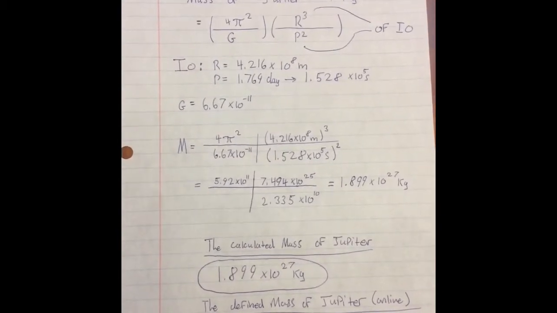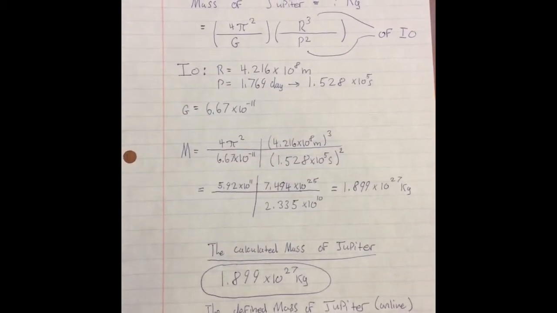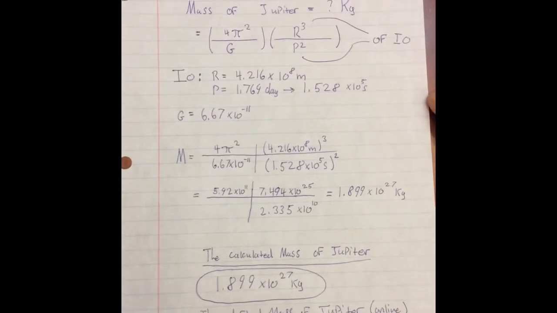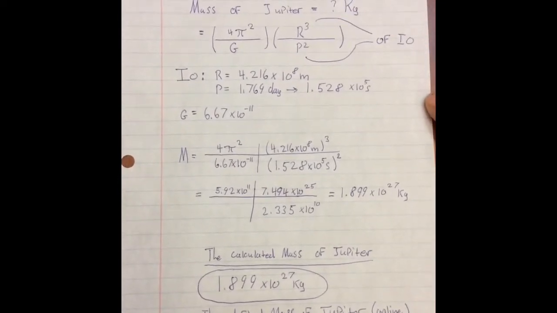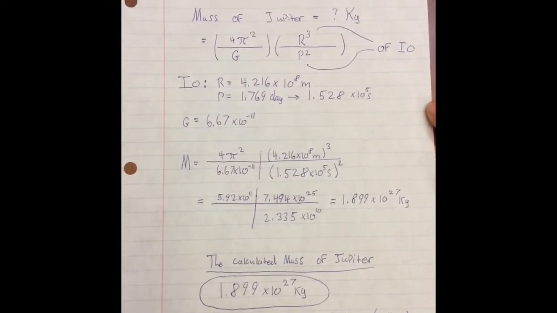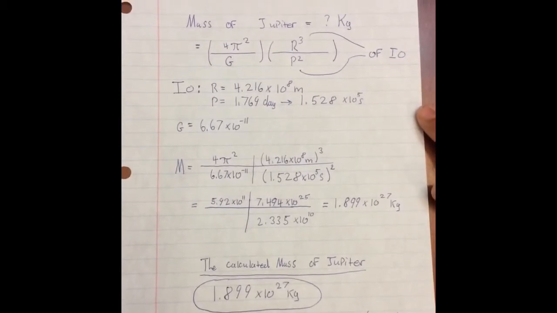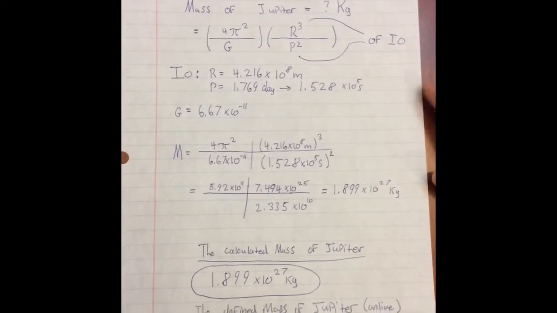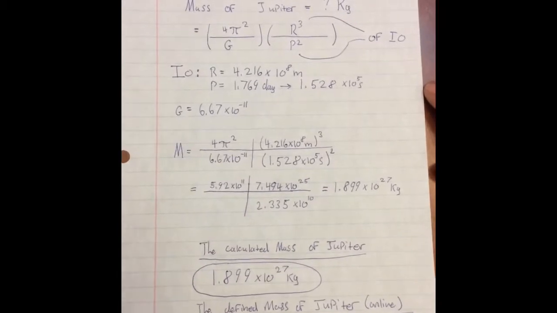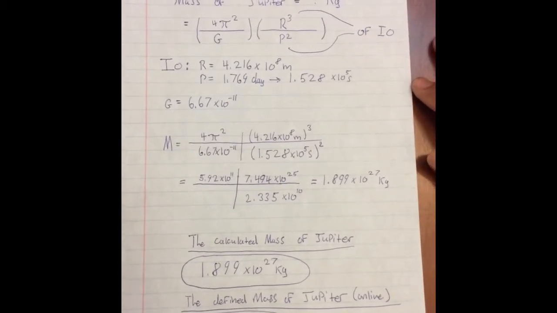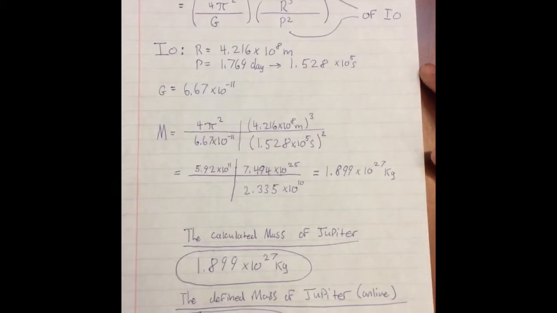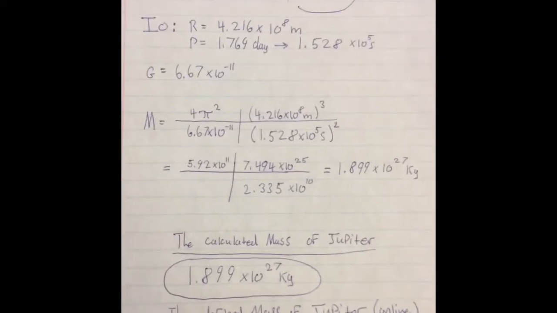Its orbital period in days is about 1.769 days, and converted to seconds is about 1.528 times 10 to the 5th seconds. The gravitational constant given to us by Isaac Newton is about 6.67 times 10 to the negative 11th power.